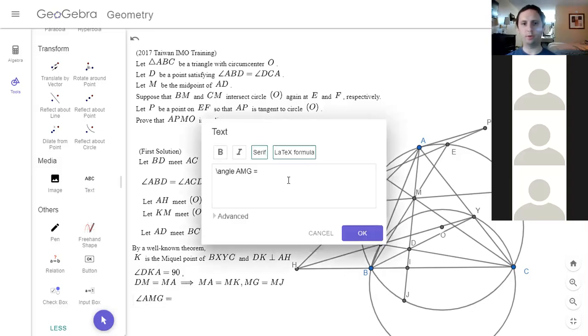AMG is half of arc AG plus half of arc HJ, and both the arcs are equal.